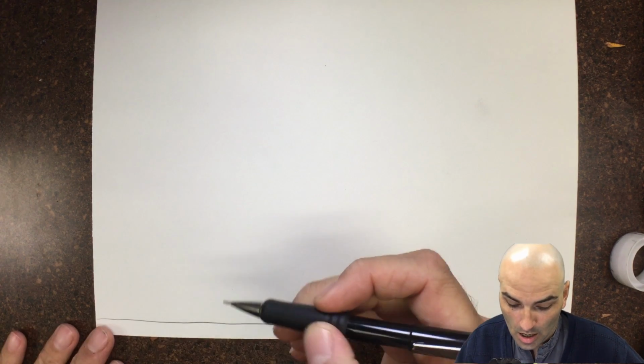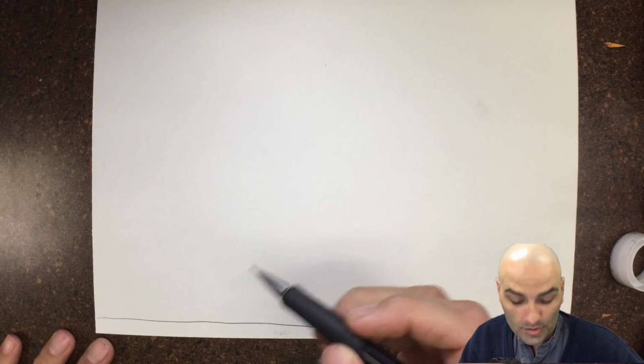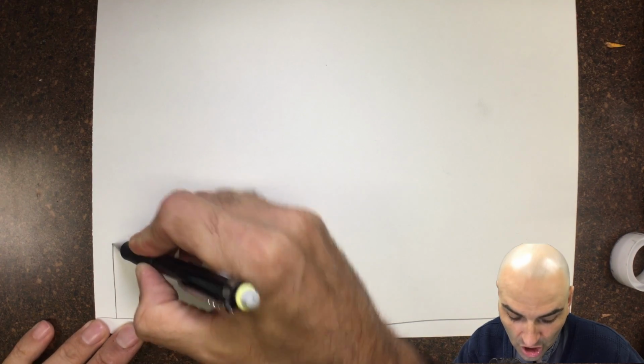Easy peasy, lemony squeezy. That was really easy. So we're going to do the next step right away. The next step is drawing the side walls of the tower. We're just going to use zigzagging lines for this. Pretty easy.